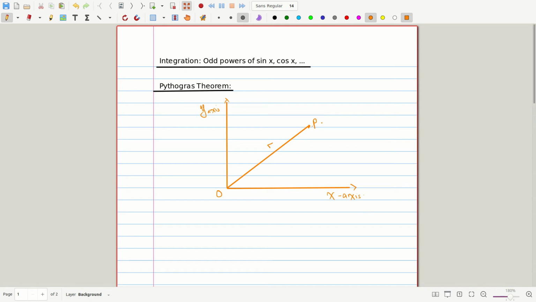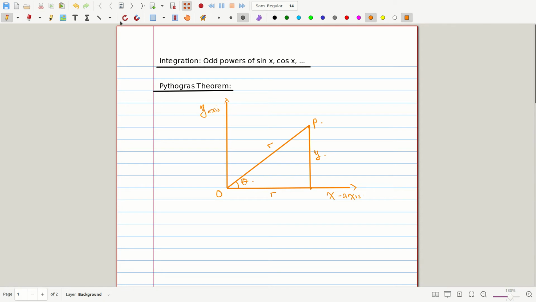Okay, this point P here makes an angle of theta with the positive x-axis, and let us call this vertical distance here y, and then we shall call this horizontal distance here, we shall call it r.